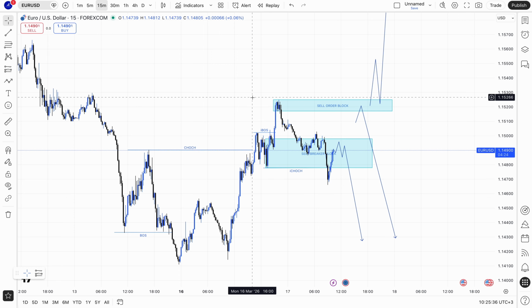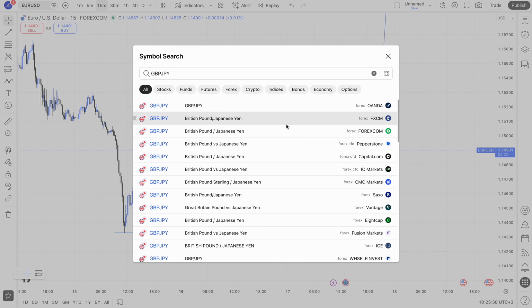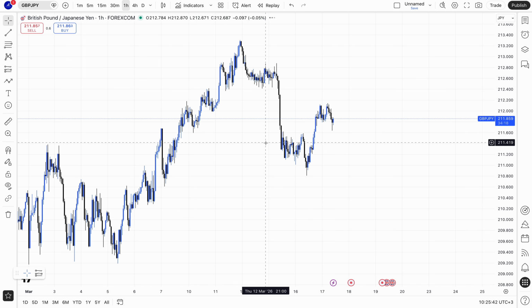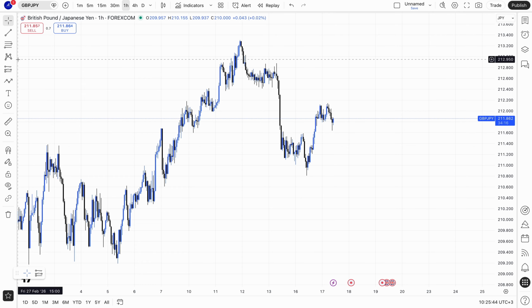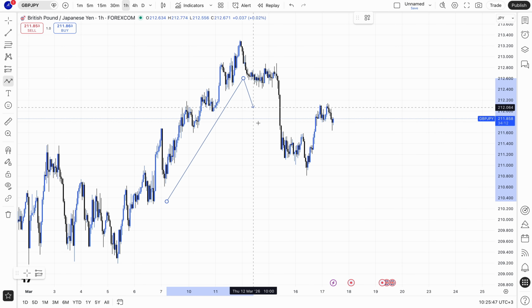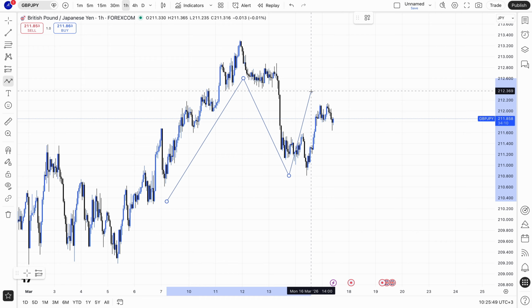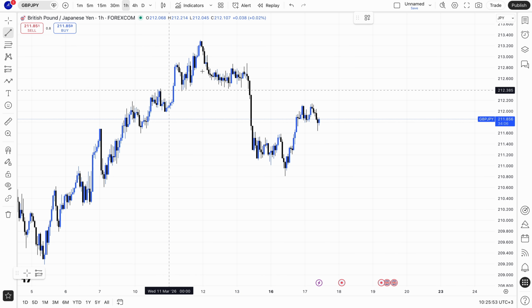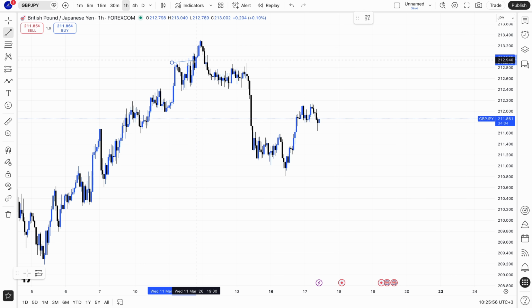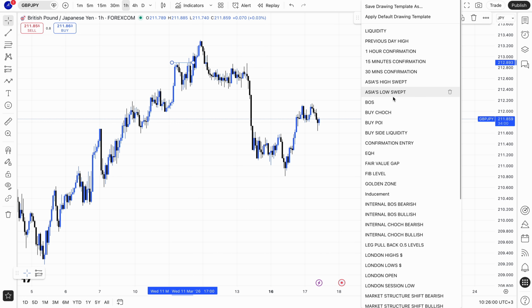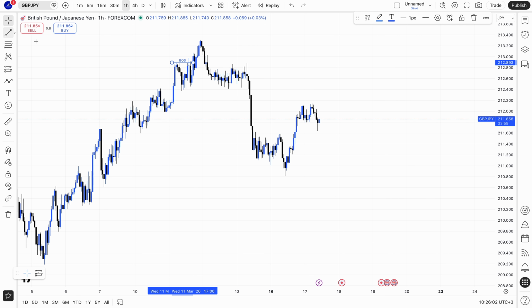Then GBP JPY. You can clearly understand that the market's moving up from here, then it changed down, then now it's moving up. So we're looking for buys. Why? Because we had our break of structure to the upside, and then we had the change of character to the downside.